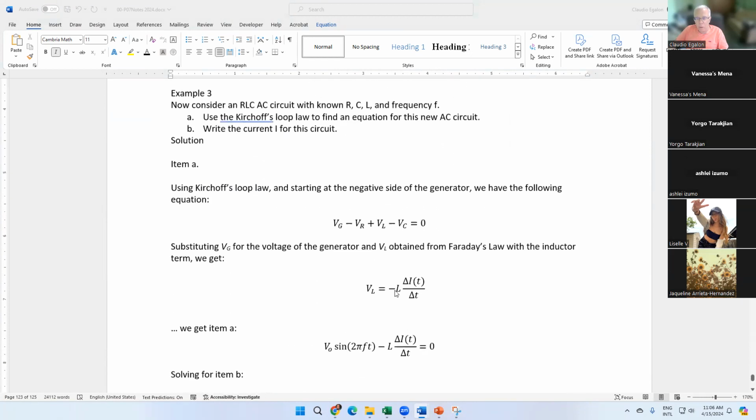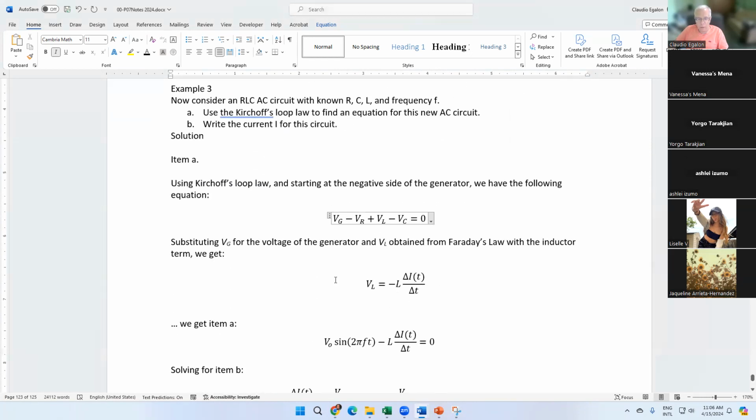V sub G, you already know that, is the voltage of the generator. V sub R, using Ohm's law. V sub C, using the definition of capacitance. And V sub L obtained from Faraday's law.